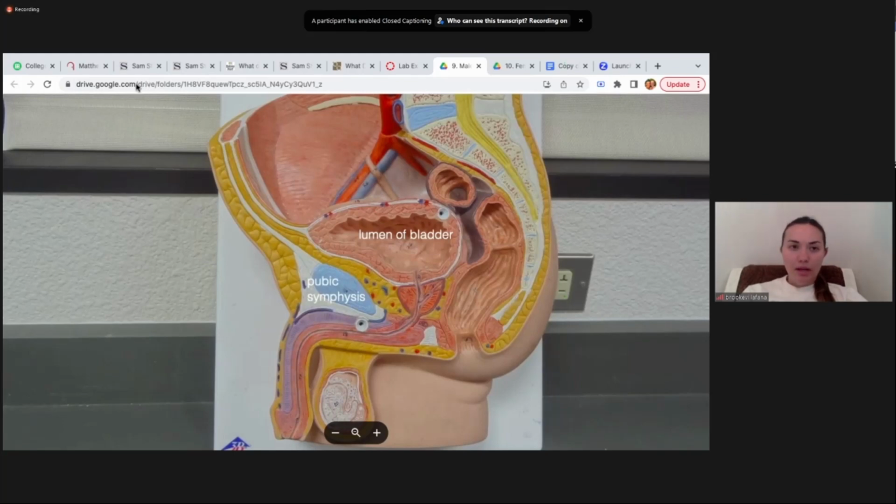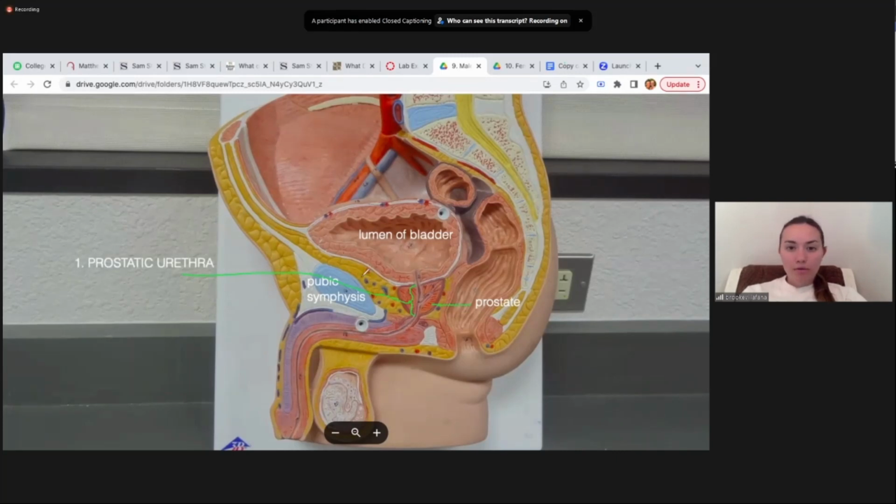And then once again, now you get the prostate. The prostate would be the actual part here versus the prostatic urethra is this section. So it's the part of the male urethra that's inside of the prostate. Prostatic urethra. So that's part one.